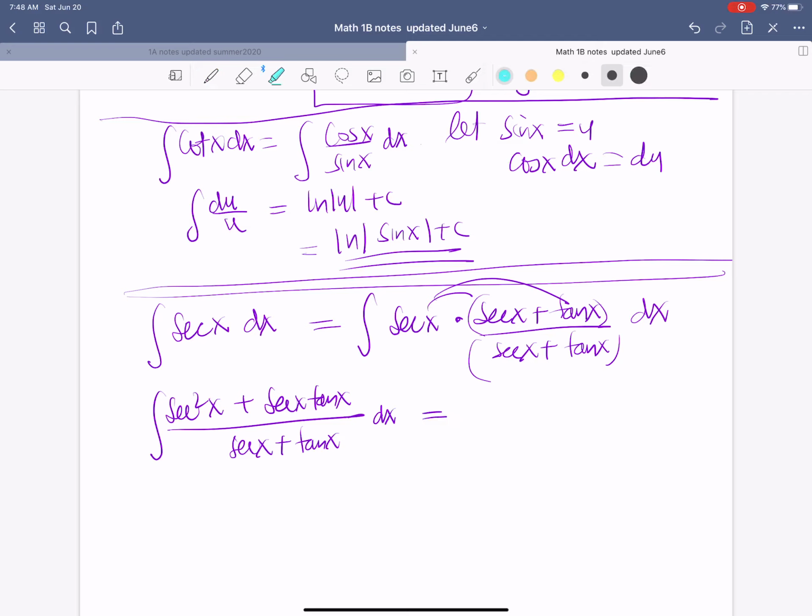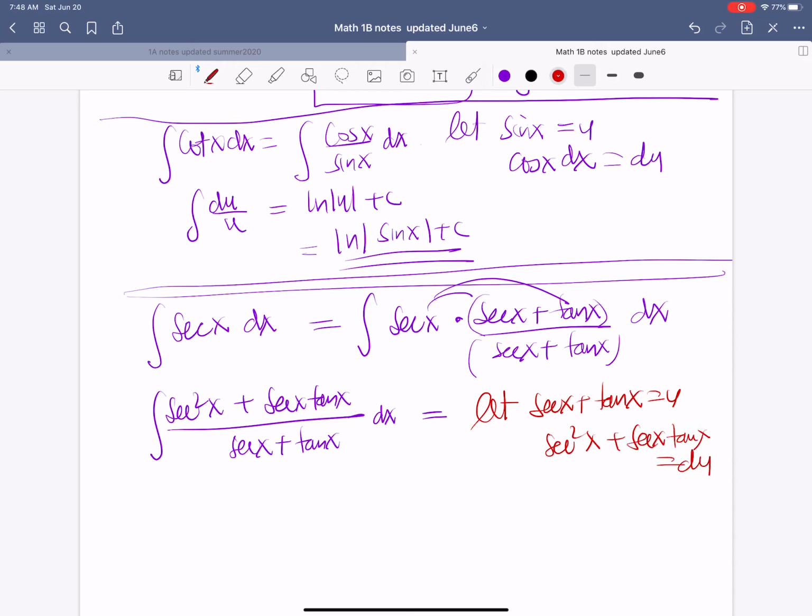So we can let secant x plus tangent x be the u. That will leave us with secant squared x plus secant x tangent x equal to du.